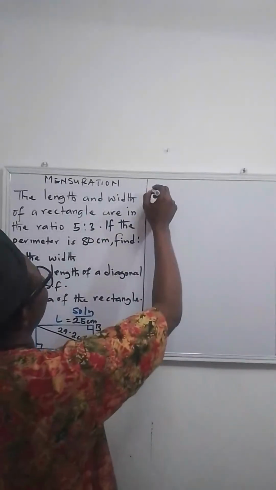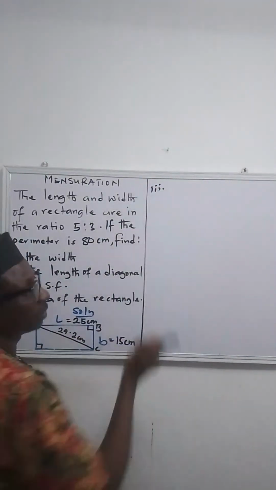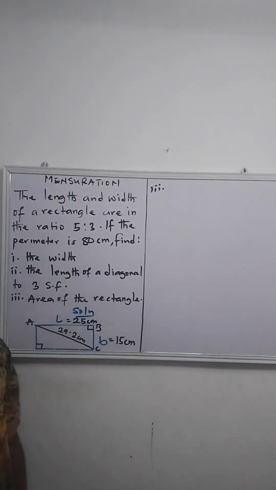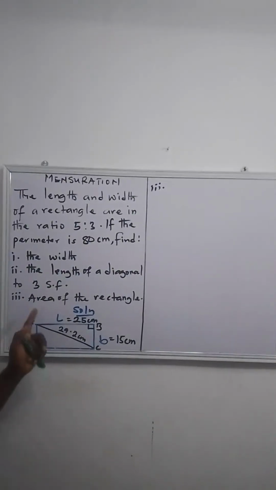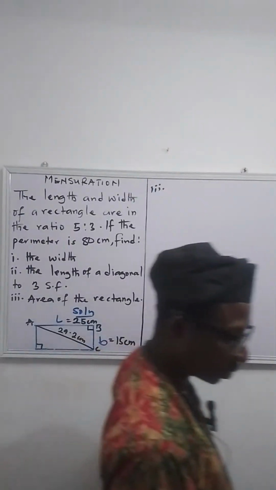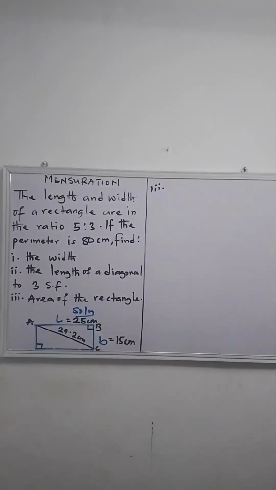The area of the rectangle. Can I just give you like 30 seconds to attempt it? I think everybody should be able to do that. The area of the rectangle, since you now know the dimensions. If you have the answer, you can drop that in the comment section. It should not take you any time to do. So what is the area?